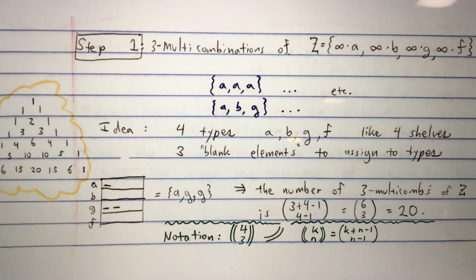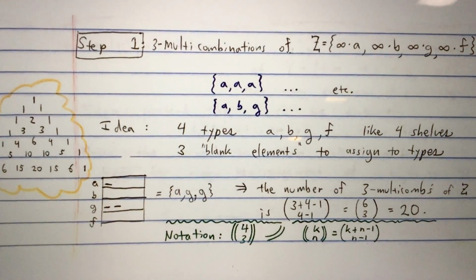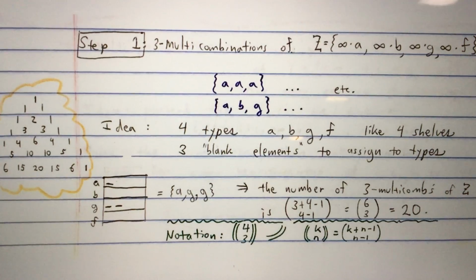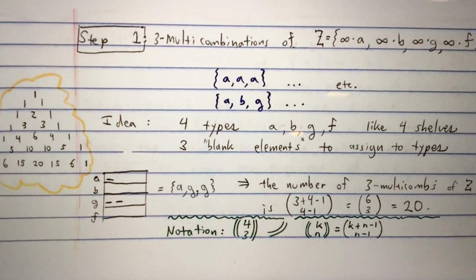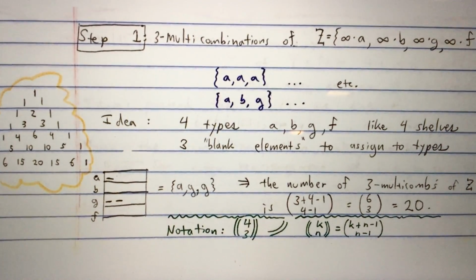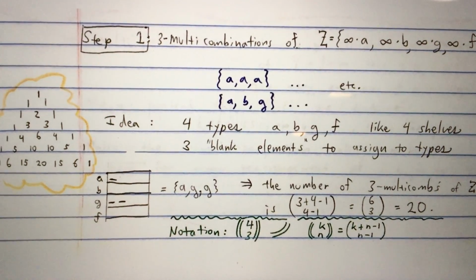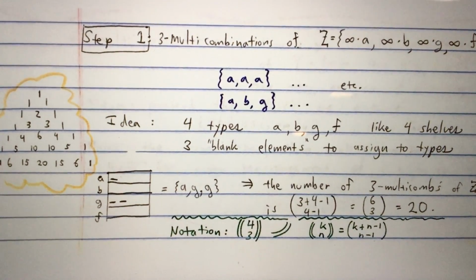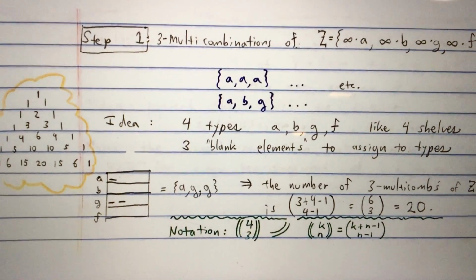Think of them as 3 blank elements that we need to assign to one of the 4 types, or to put on one of the 4 shelves. In fact, you can draw a picture of 4 shelves down here and just give them names, shelf A, B, G, and F. And then picking 1 A and 2 G's is exactly like planning a bookcase with 1 in the A and 2 in the G shelf.